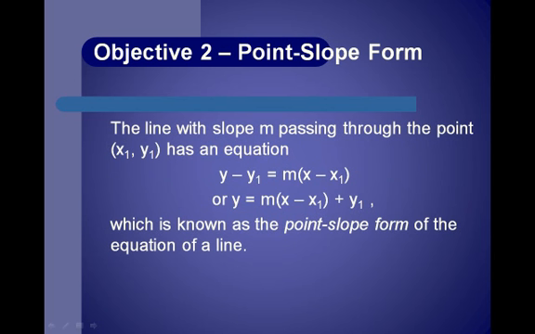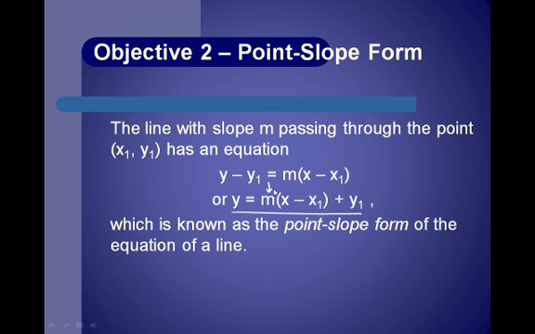Objective 2 is point-slope form. The line with a slope m passing through the point x1, y1 has an equation y minus y1 equals m times x minus x1. This book, like we mentioned earlier, chooses to use the formula y equals m times x minus x1 plus y1.